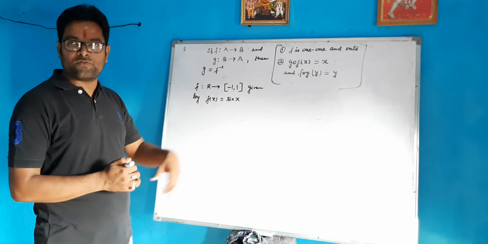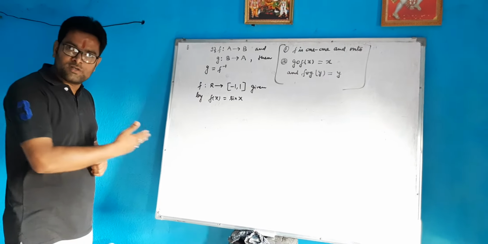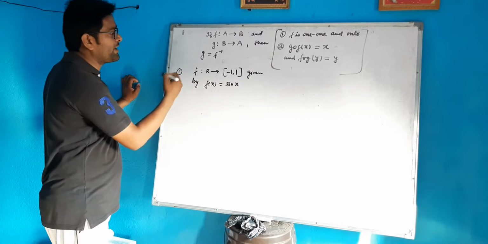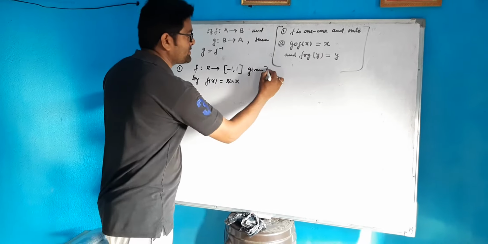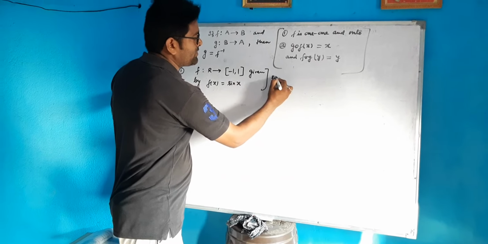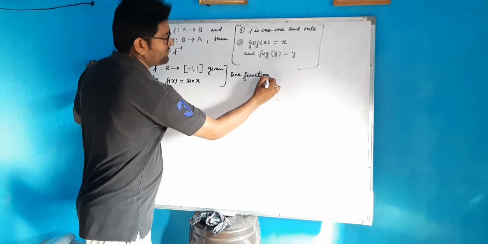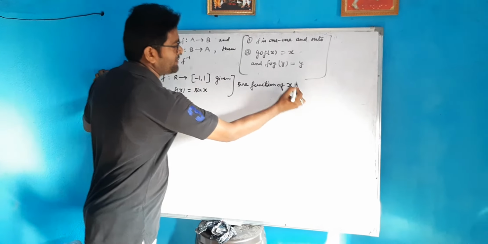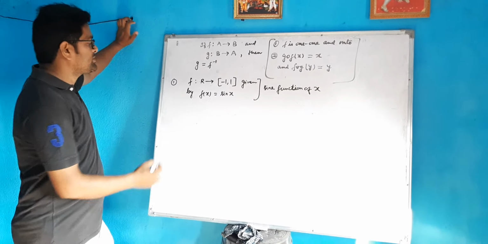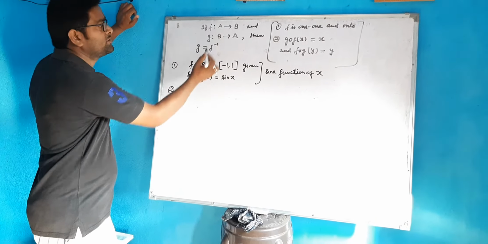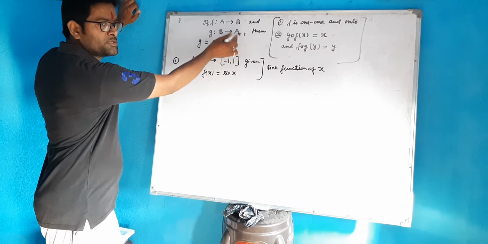So the sine function of x. Let us find the inverse of it. How will you find its inverse? As I have explained here, the domain should become the codomain and the codomain should become the domain.